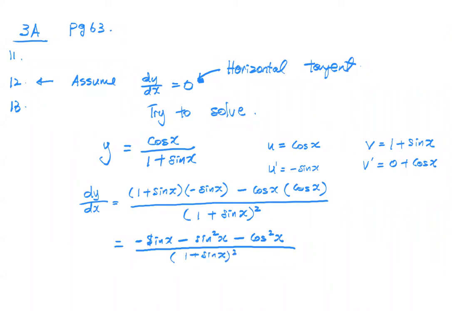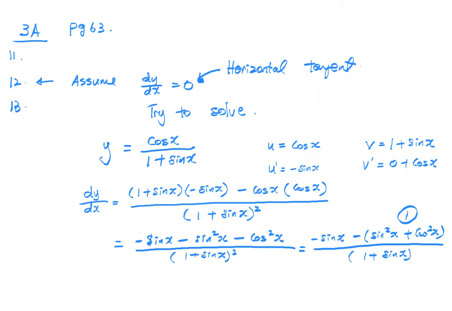Okay, so this will be equal to negative sin x minus sin square x minus cos square x, which is minus sin square x plus cos square x, correct? And this is equal to 1 divided by 1 plus sin x, the whole thing squared.